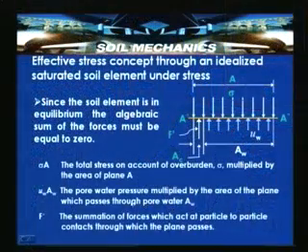So, sigma A is the total force on account of overburden, the total stress multiplied by the area of the plane A, acting downwards. UW multiplied by AW is the pore water pressure multiplied by the area of the plane which passes through pore water, that is the total force resulting from the pore water pressure acting over the area of voids, which is nothing but the area of water.